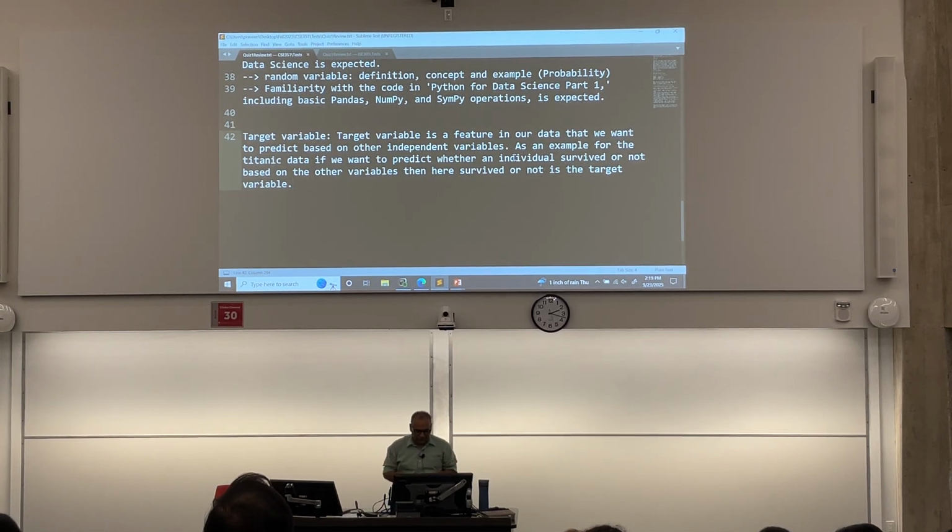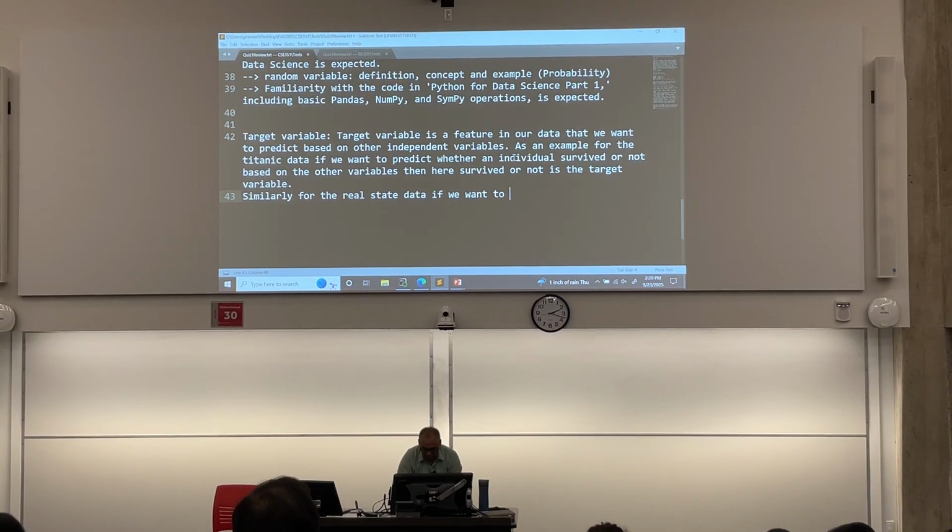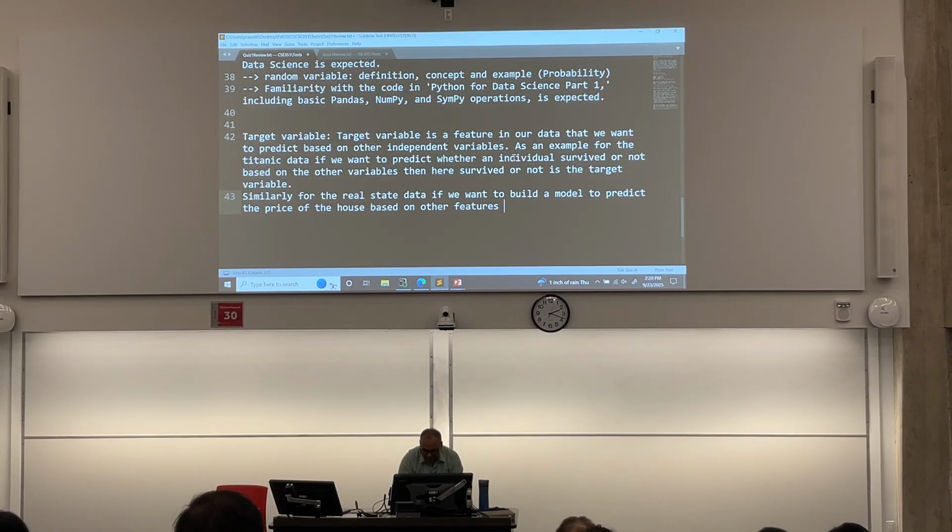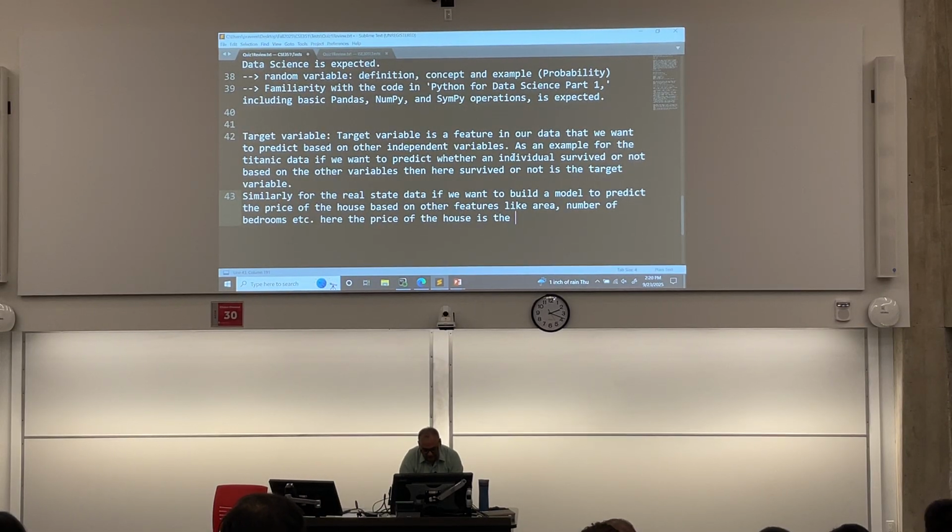There are a lot of things that we will be discussing very soon. That's one example. Similarly, for the real estate data, if we want to build a model to predict the house price based on other factors or features like area, number of bedrooms, etc., here the price of the house is the target.